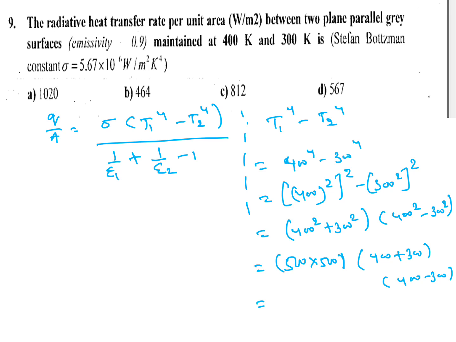So it will come 500 square into 700 into 100.